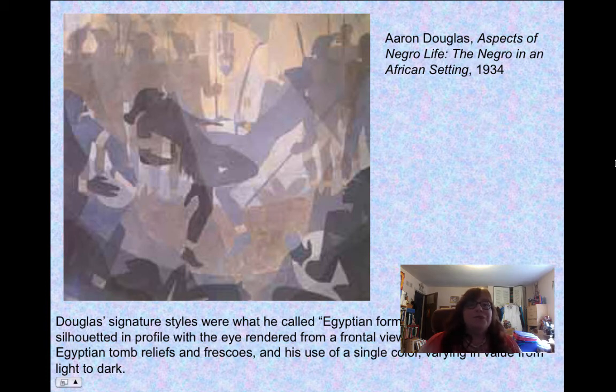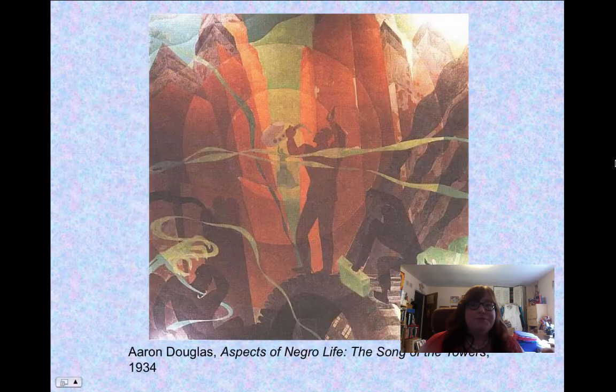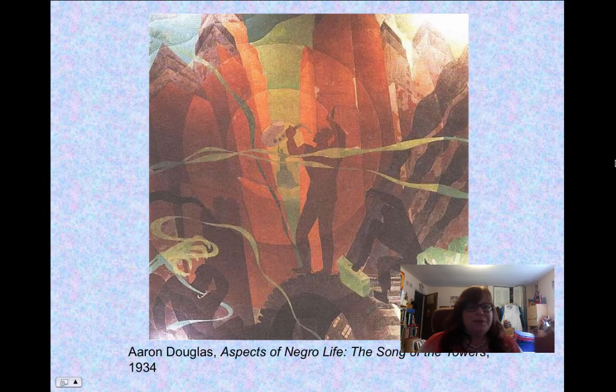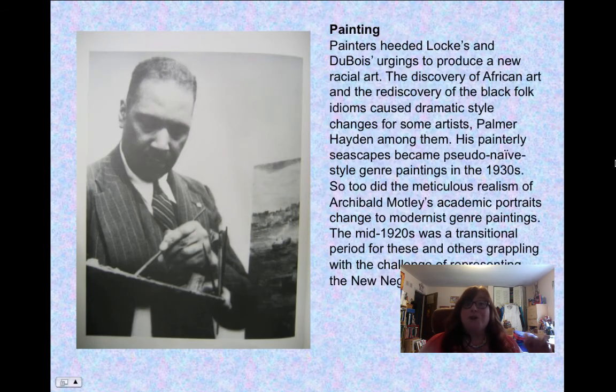So this is where the figures are silhouetted in profile with the eye rendered from a frontal viewpoint. And we'll talk more about this particular painting a little bit further on. And this one too. These were two pieces that he did together, but I talk about them in more detail later. So I'm going to move on to look at some other painters.